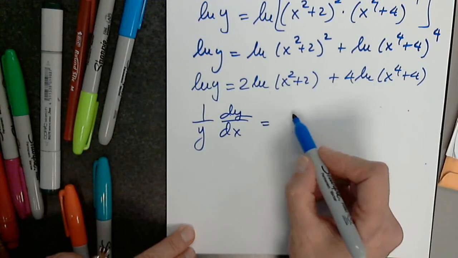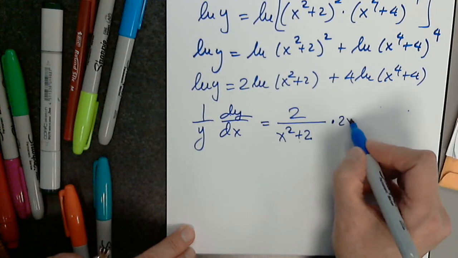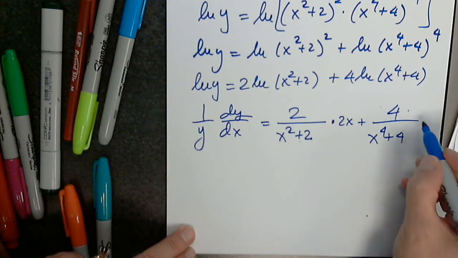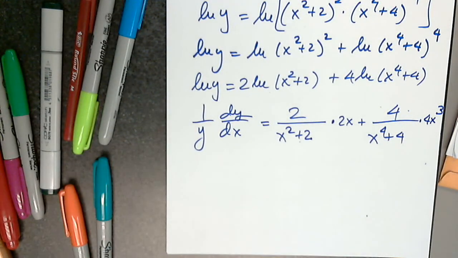The right-hand side is 2 over (x squared plus 2) multiplied by 2x, plus 4 over (x to the fourth plus 4) multiplied by 4x cubed. This is not enough. I have to write dy over dx, and secondly, I have to find the least common denominator and completely simplify it into a fraction.